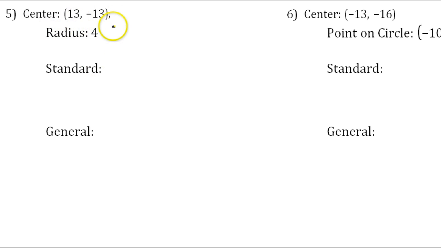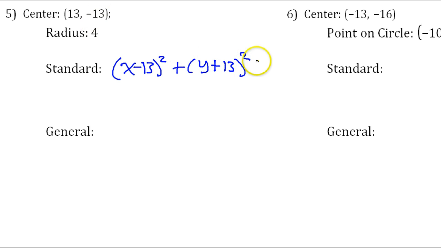If we got the center and the radius, then standard form is just going to be like this. (x - 13)², opposite of that one. Then (y + 13)², opposite of that one. And then here goes the radius squared, so that's 16.